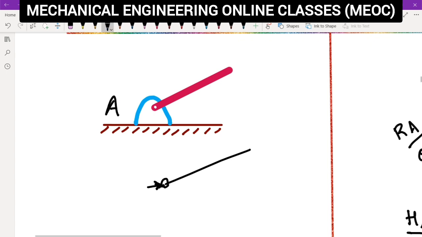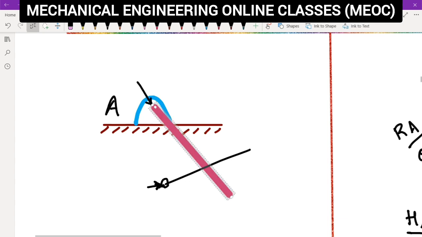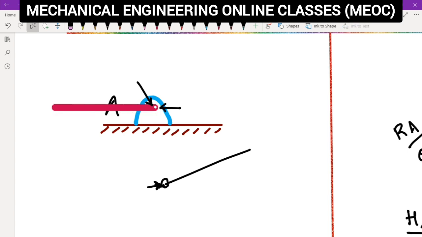It cannot leave the pin and go along a straight line. It can only rotate. So when it is at different angles, this reaction will change. At this other angle, the reaction will be different. In different directions or at different angles, we have different normal reactions.